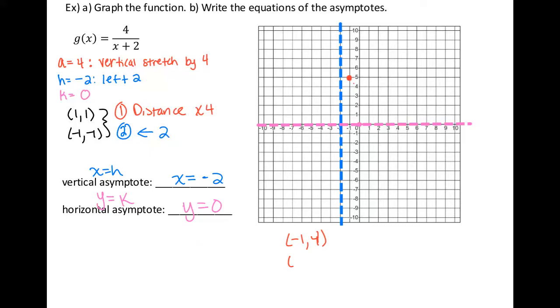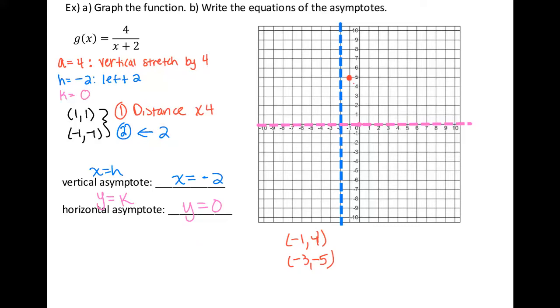Lupita, where did you end up at? Negative 3, negative 5? Okay. And Haley, you got that one too? Okay. Anybody else get something different? Anybody?